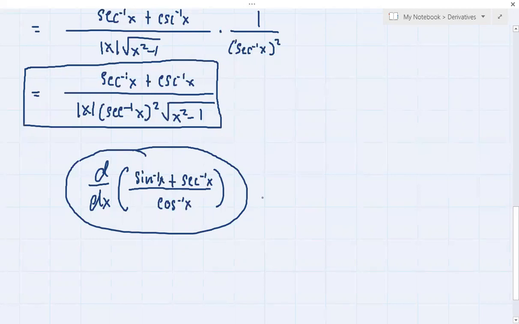I'm basically giving you an idea how you would use the quotient rule of differentiation sa mga given natin inverse trigonometric functions. So try this one, gawin nyo to as an assignment. Or basically just check nyo lang, meron kasing mga websites na titingnan nila yung derivative nito once you type an expression or function, tapos ipapakita nila yung sagot.